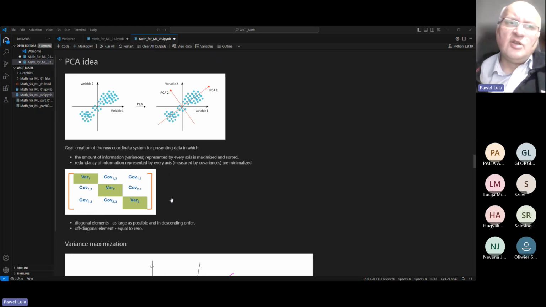But we should also remember this second condition, which was related to covariances. We want to have all these covariances equal to 0.